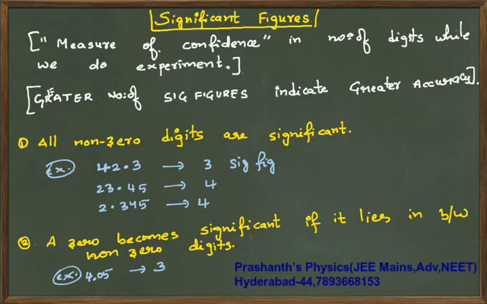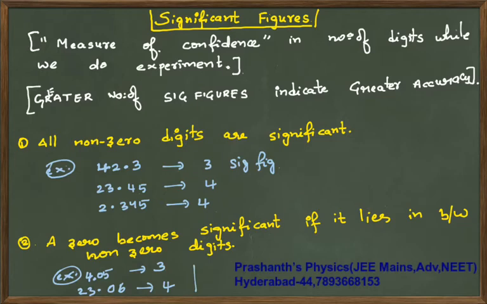Now don't think it is violating the first rule. It's not violating. I told you all non-zero digits are significant; I did not say anything about 0. In this case, if 0 occurs in between non-zero digits, it is significant. For example, 23.06 will have 4 significant digits even though the 0 is after the decimal.